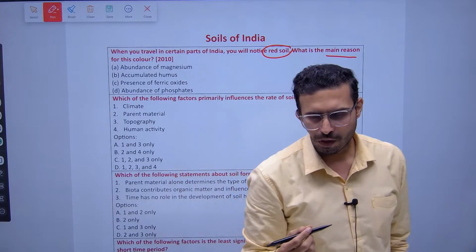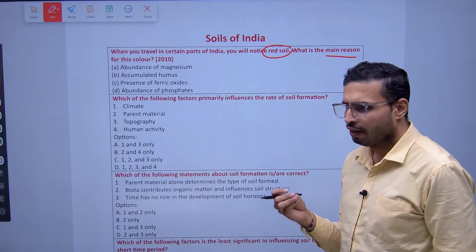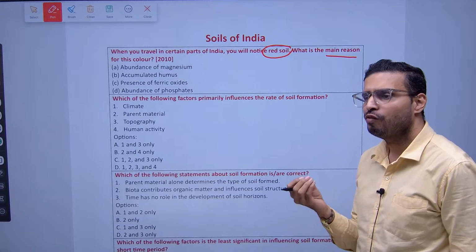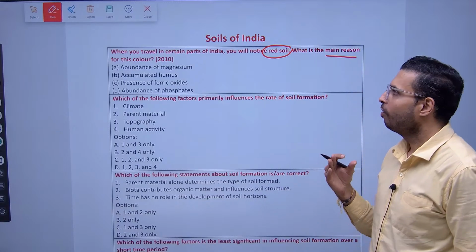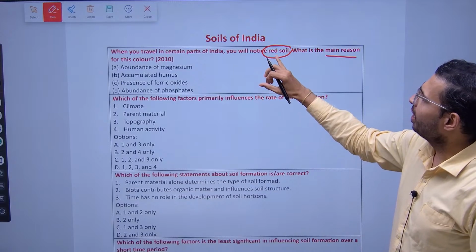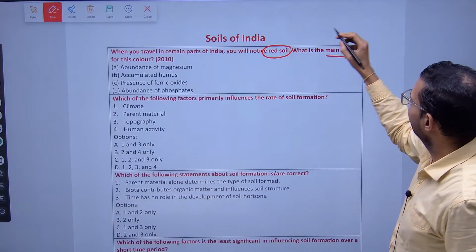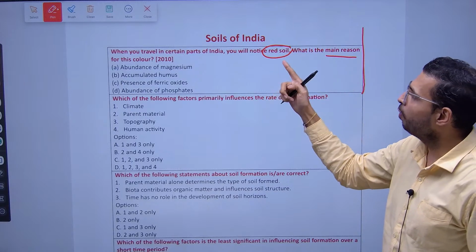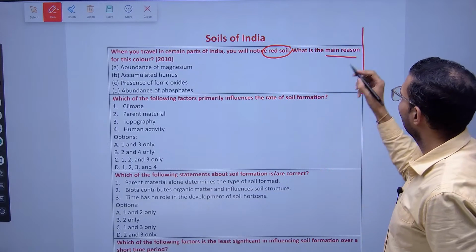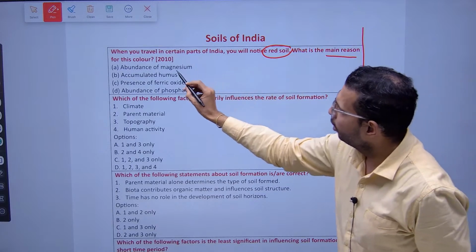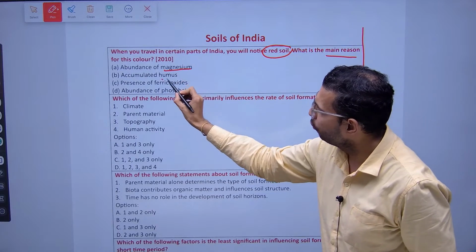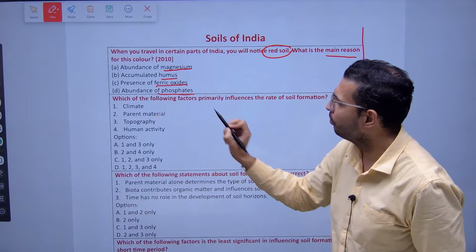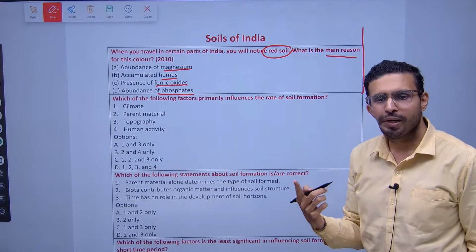Types of soil are based on color, texture, formation or origin. By the basis of color, there is red soil, and they have asked what is the main reason for the color of this soil. The options are: due to magnesium, due to humus, presence of ferric oxide, or abundance of phosphates. So what might be the reason?